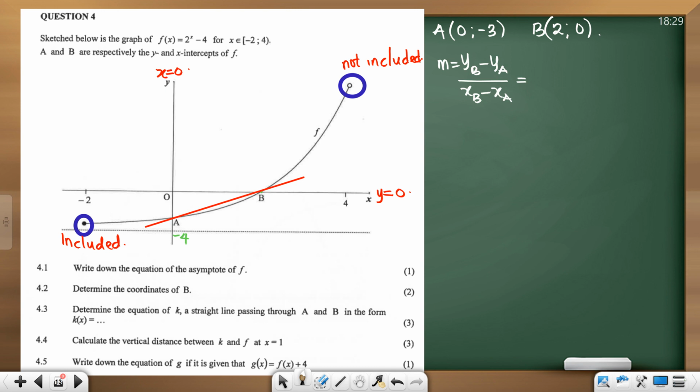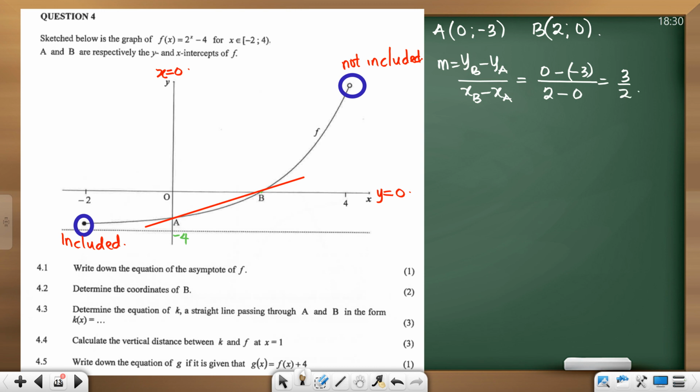What is the y value of B? 0. What is the y value of A? -3. So 0 minus -3. What is the x value of B? 2 minus 0. What's your answer? 3 over 2.